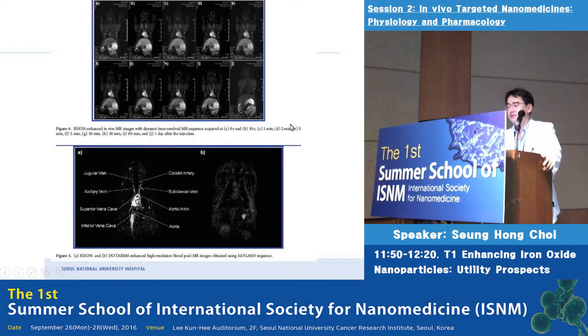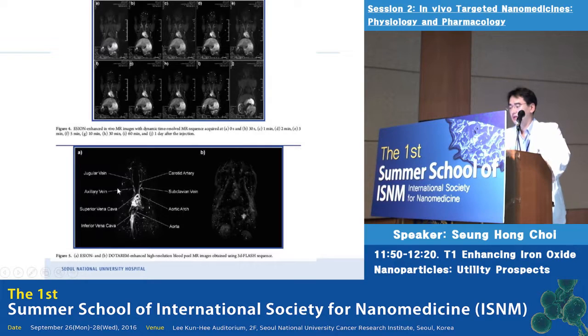Actually, we modify the T1 agents. We believe that 3 millimeter nanoparticle is most suitable for T1 agent. So we obtain high resolution MR angiography like this. It was compared with the gadolinium agent MR imaging.